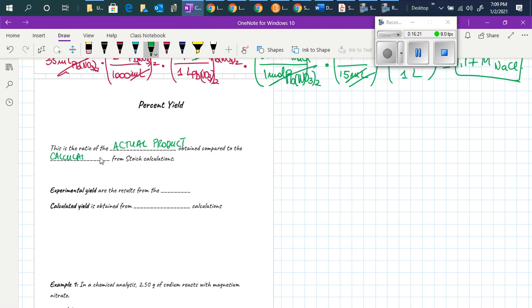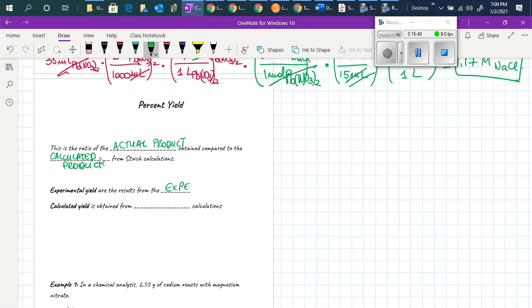The calculated product is theoretical, based on the calculation. The experimental is what comes as a result of the experiment.